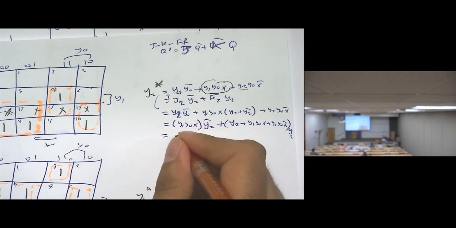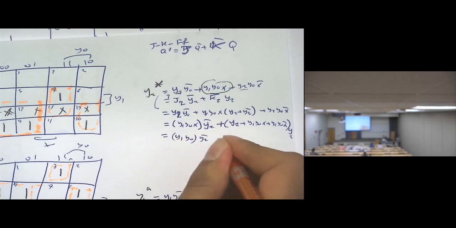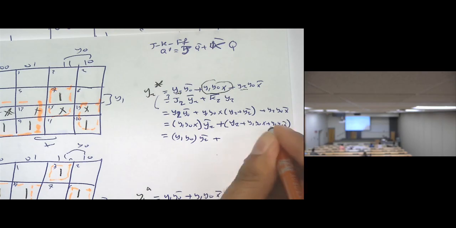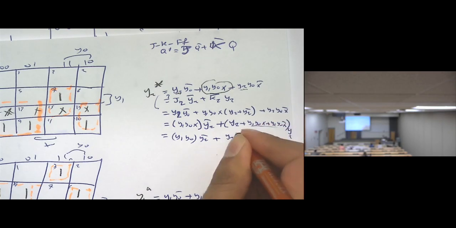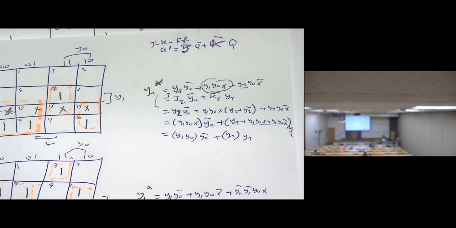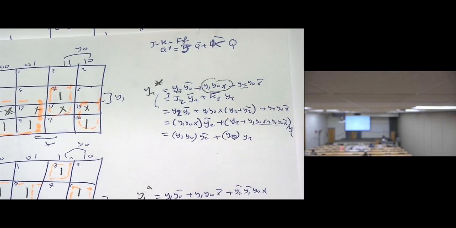We will end up having y1 y0 y2 bar plus, after doing algebra, because x with x bar will be 0, we will have only y2 y0.